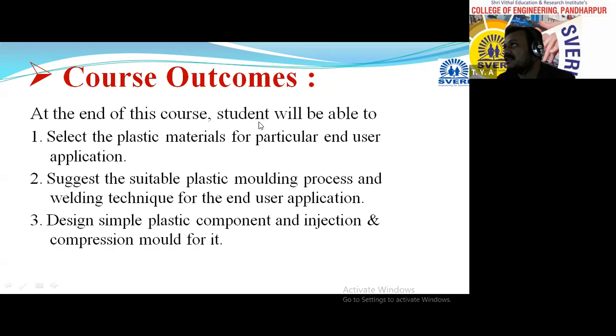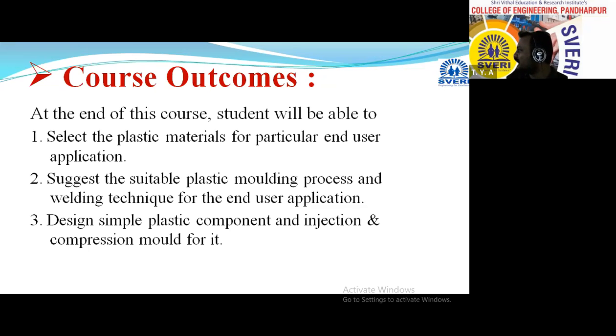What will be the outcome at the end of this syllabus? After studying this, all students will be able to do the selection process, selecting the suitable plastic material for end user applications. I will just tell you the application and you have to suggest the suitable material. Suppose I say I want to manufacture a plastic bottle cap.